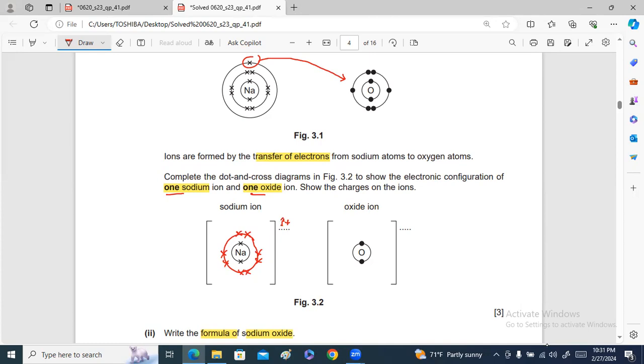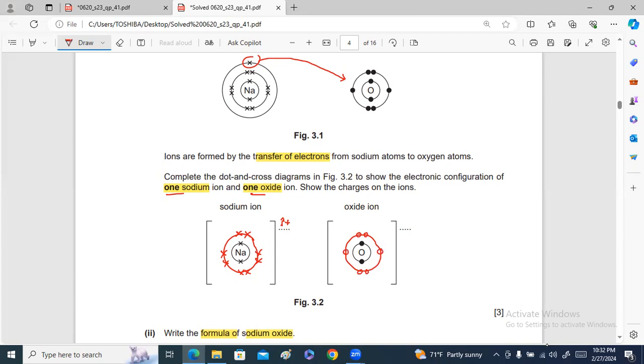Now the oxygen, it has ability to gain 2 electrons. When sodium loses 1 electron, there must be two sodium ions to complete the outermost shell of the oxygen atom. So we have to draw another circle in which we can copy the number of electrons which are already shown.